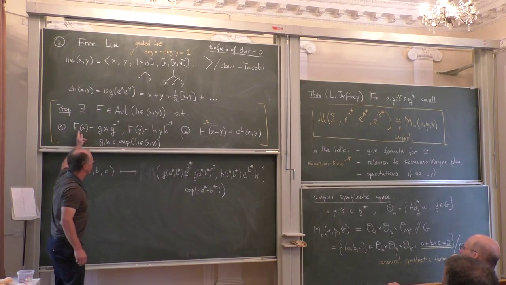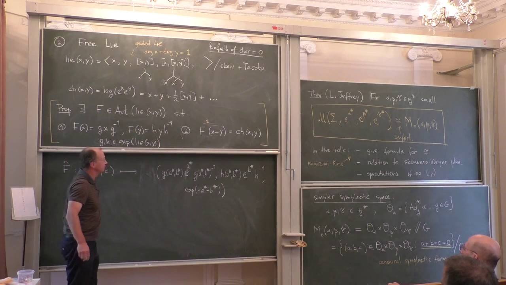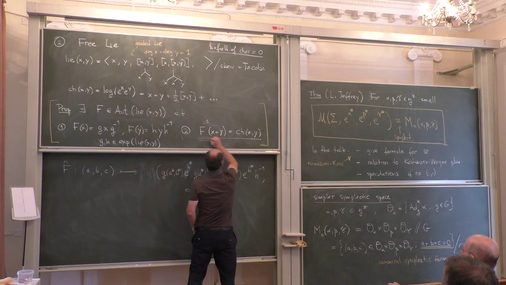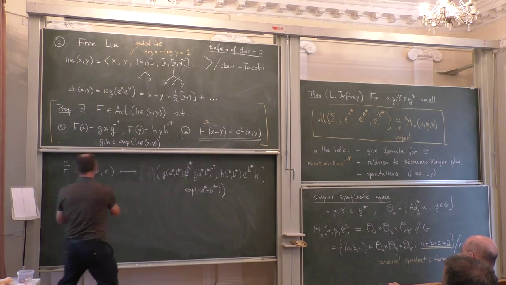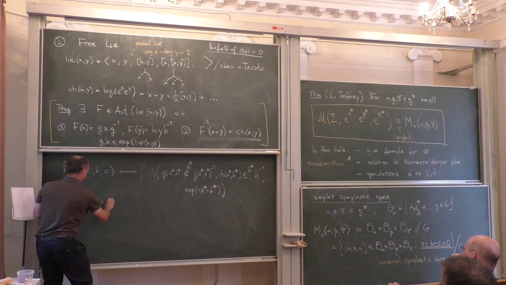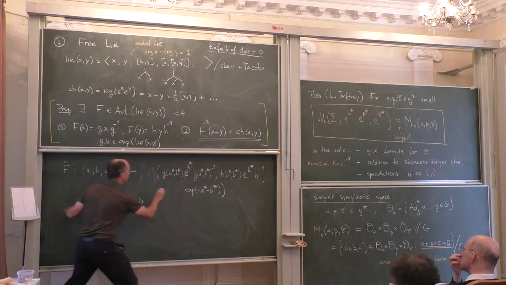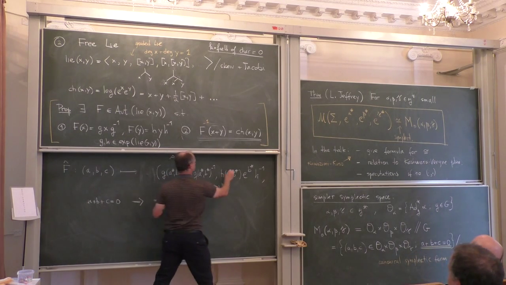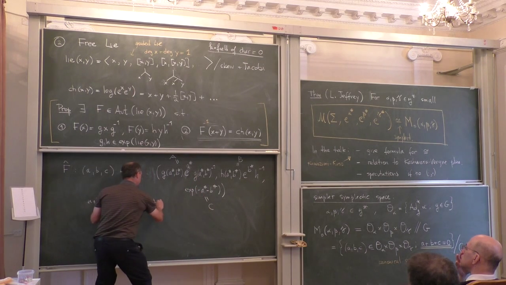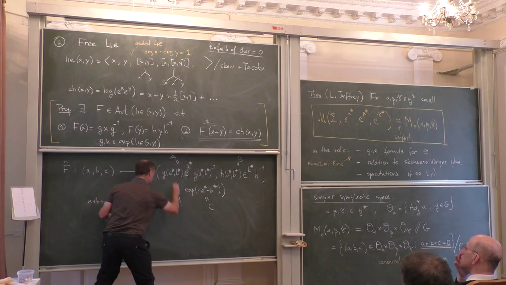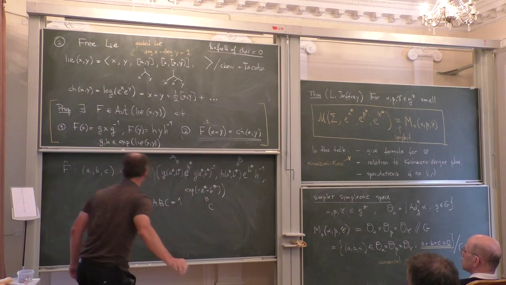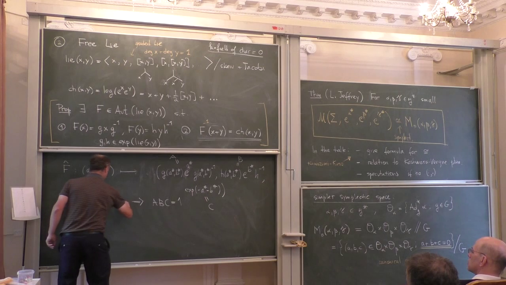So this is basically inspired by this formula, and in principle one can work out that this equation implies that the triples with A plus B plus C equal to 0 satisfy the condition ABC equal to 1.